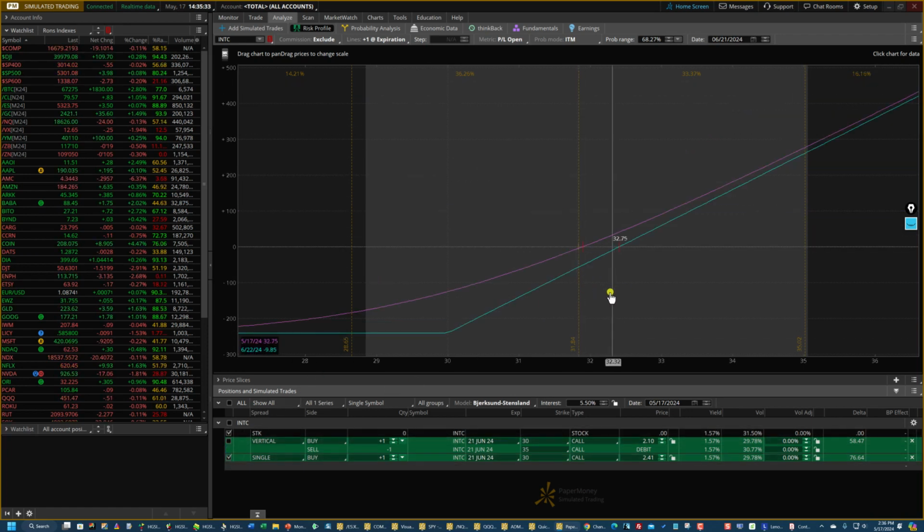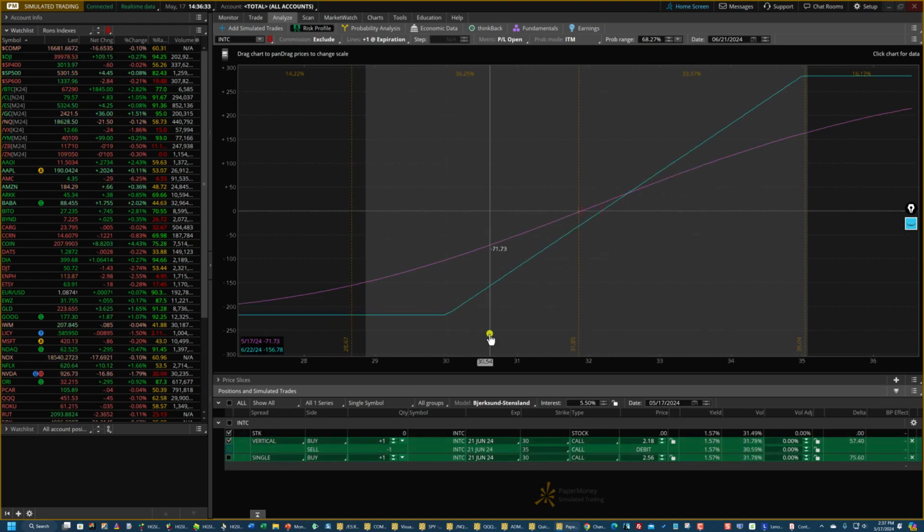If I bought the call, I'd lose around $150 somewhere in there. If I was at 30 at expiration, I would lose the whole amount, $239, and I would lose the whole amount on the spread also.